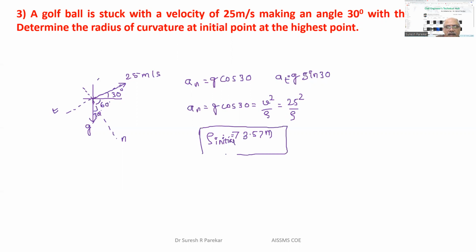Now at maximum height, we have motion under gravity, and the total acceleration is g. When it goes to the highest point, our vertical component becomes 0 and we have velocity only in the horizontal direction, 25 cos 30, that is Vx. And Vy becomes 0 because at the highest point Vy is 0. Vx is constant throughout.